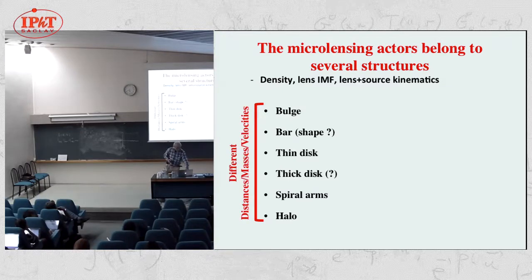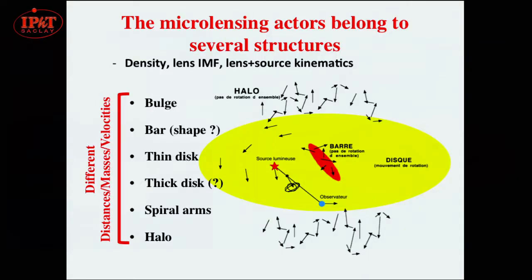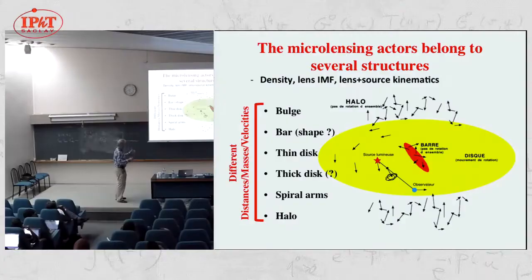So there are several structures in the Milky Way. You have a bulge here. You have a bar with a shape which varies with the authors. You have a thin disk, a thick disk, spiral arms, which may also concentrate some mass, and you have the galactic halo, which is the most unknown part of the galaxy.